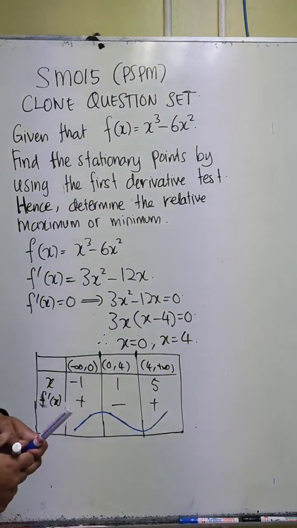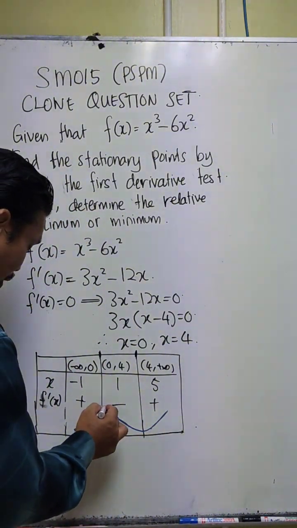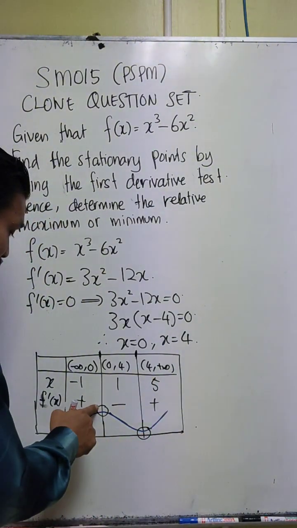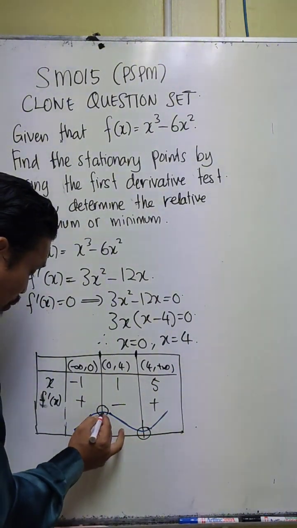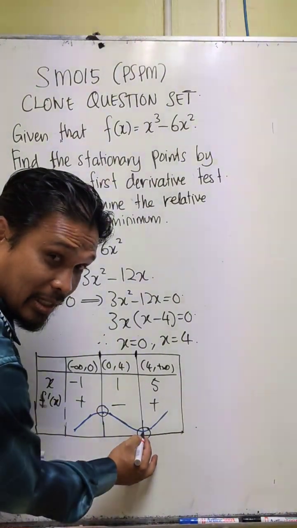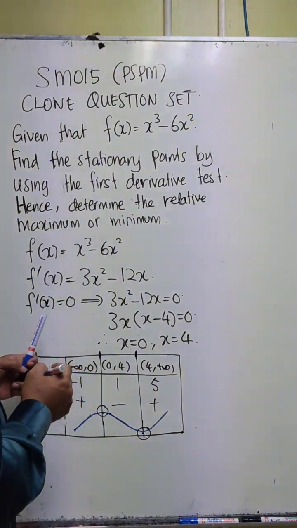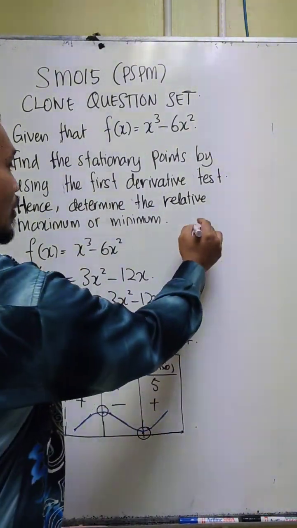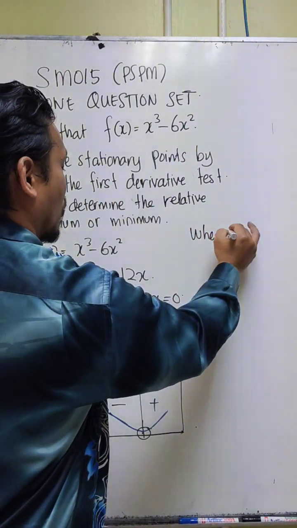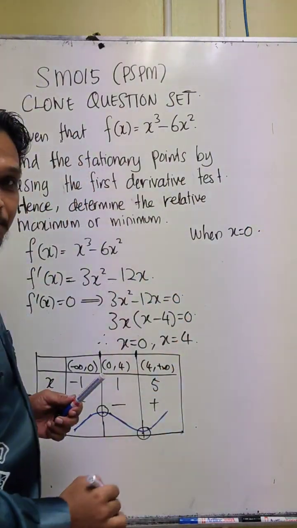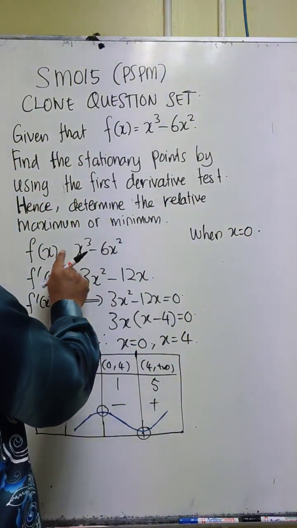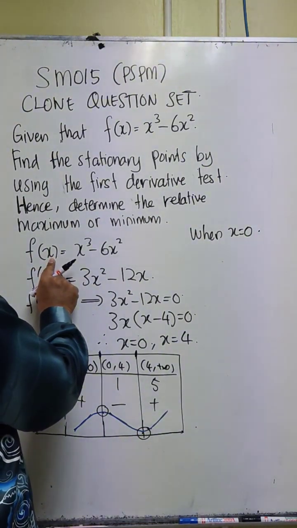This is the coordinate of the stationary point, where dy/dx equals 0. So find the stationary points. When x equals 0, substitute into the function f(x) or y.